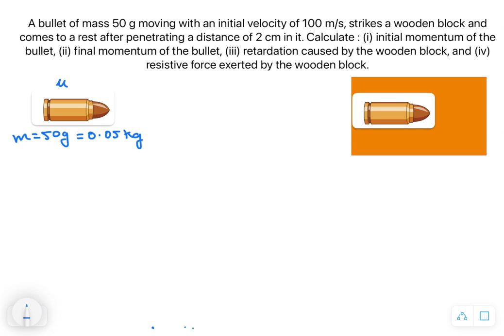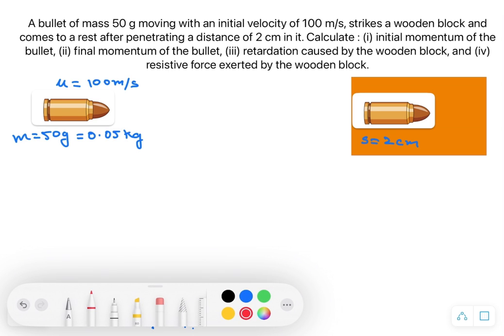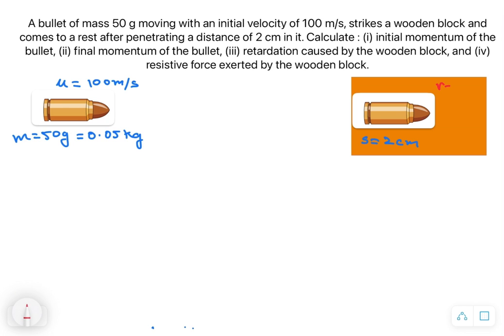Initial velocity U is 100 meters per second. It comes to a stop after penetrating through a distance of 2 centimeters. Final velocity is 0 meters per second.